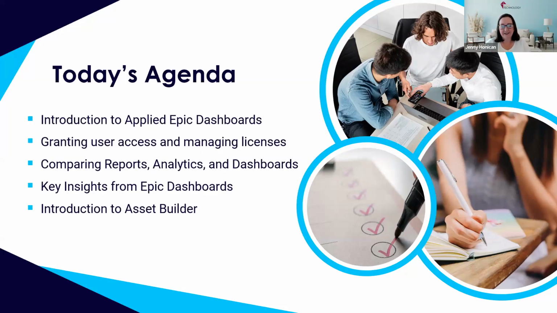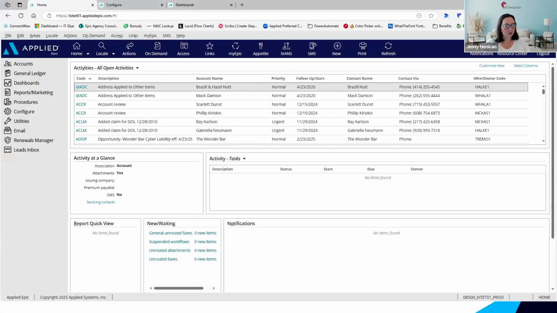It's just looking at the data differently. We're going to go through each one of the dashboards, a very high level overview of each one. And then I want to give you a brief introduction into the asset builder. So let's hop right into the dashboards.